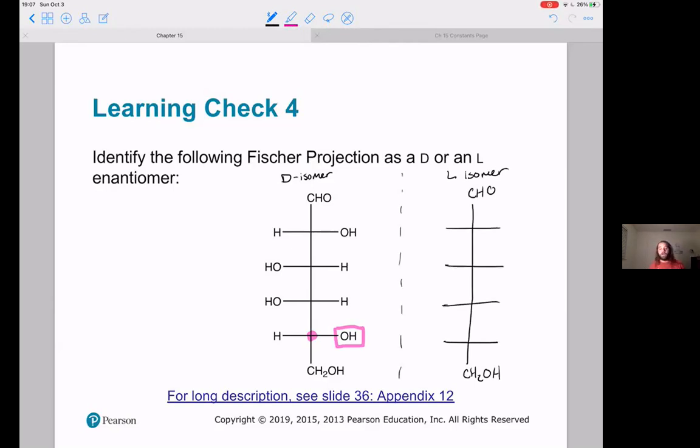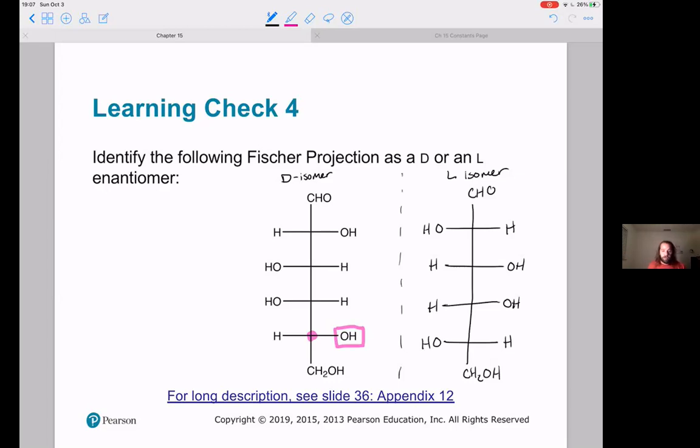But for all the other chiral carbons, we need to swap the hydroxyl group and the hydrogen. So now the hydrogen's on this side and the OH is on this side. OH, H, OH, H, H, OH. Okay, so that's how I would get the enantiomer or the L isomer of whatever sugar this is.